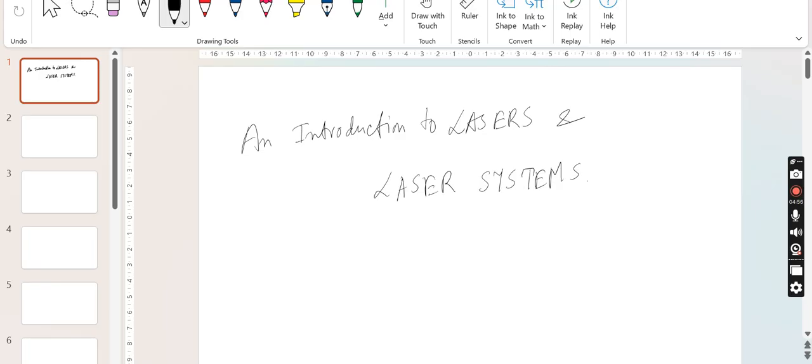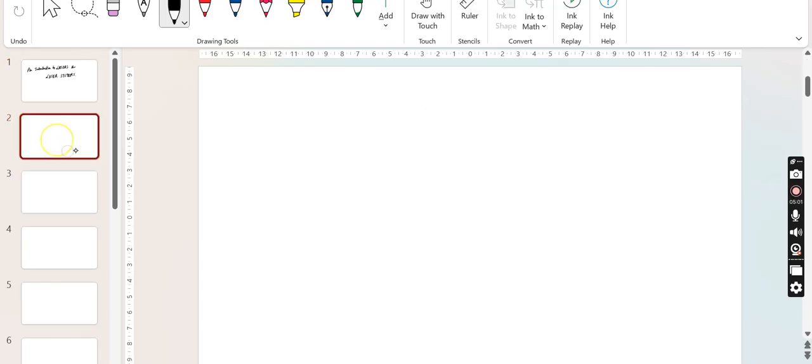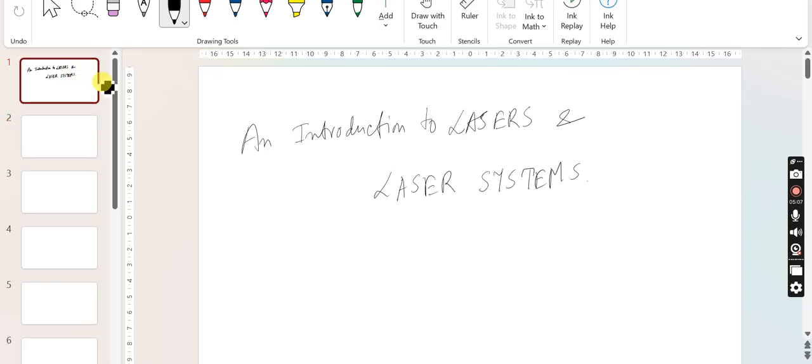Introduction to Lasers and Laser Systems. So in this week, the professor has discussed these points. One is the different kinds of pumping.